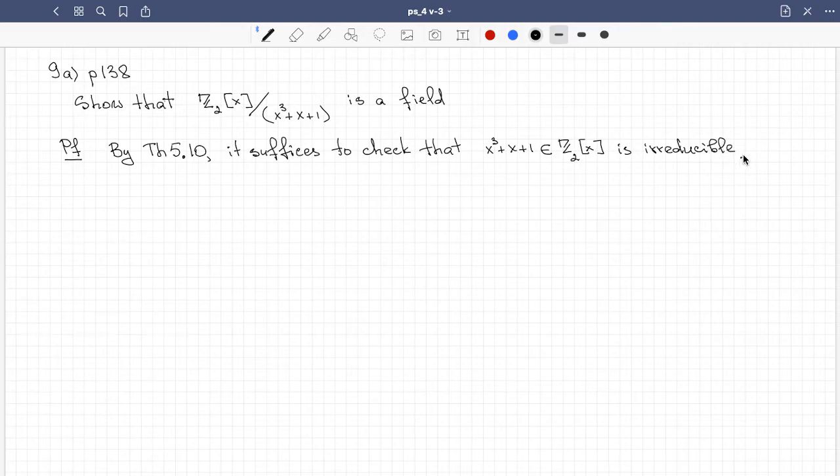That is because the polynomial has a relatively low degree of 3. A polynomial of degree 3, if reducible, must have a root.